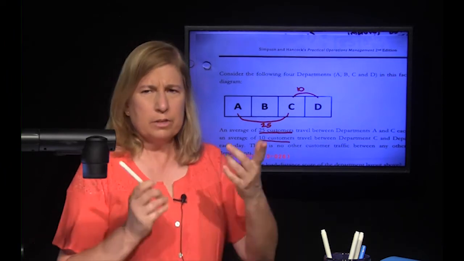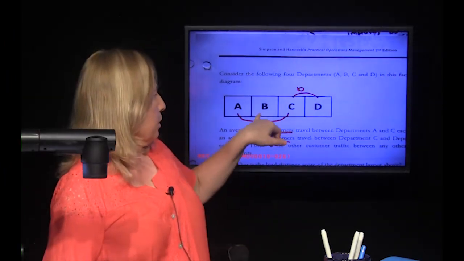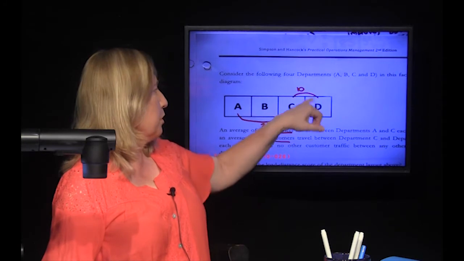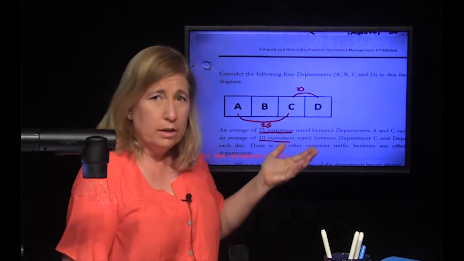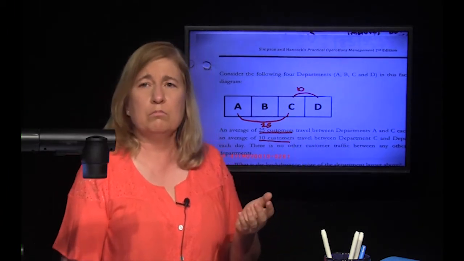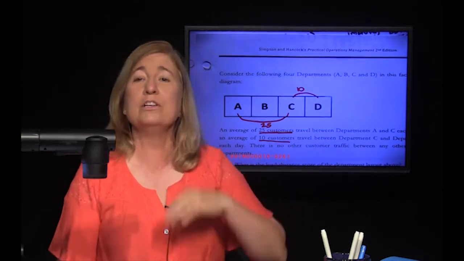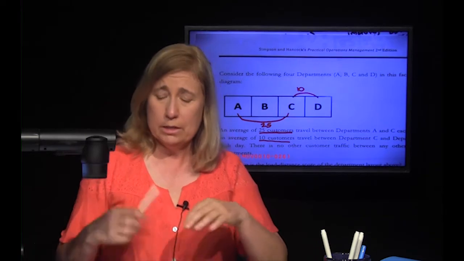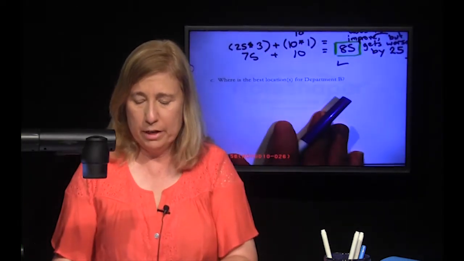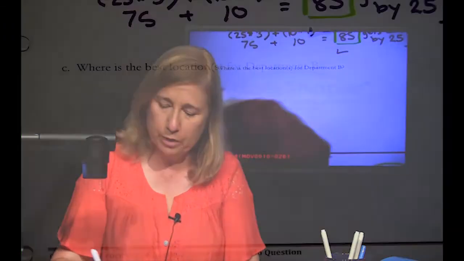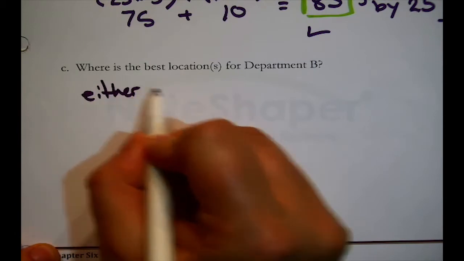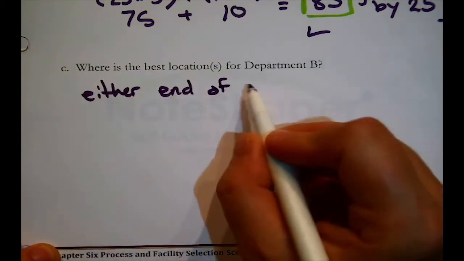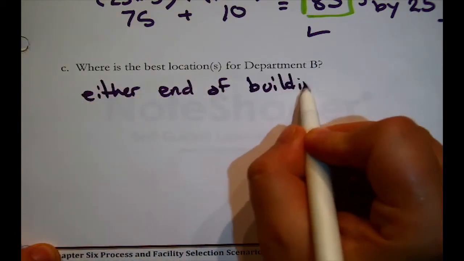So think about the big picture. If it's something like storage because nobody is going in and out of it, the best place for it would be at either end of the building. You certainly don't want it in between, because then it would make somebody else's distance longer. Best location, either end of the building, just because we wouldn't want it in between any of the other ones.